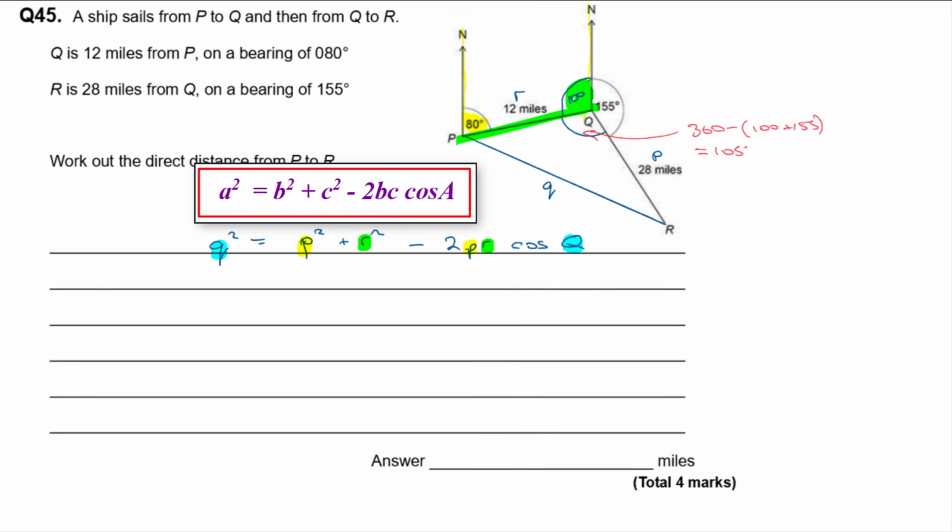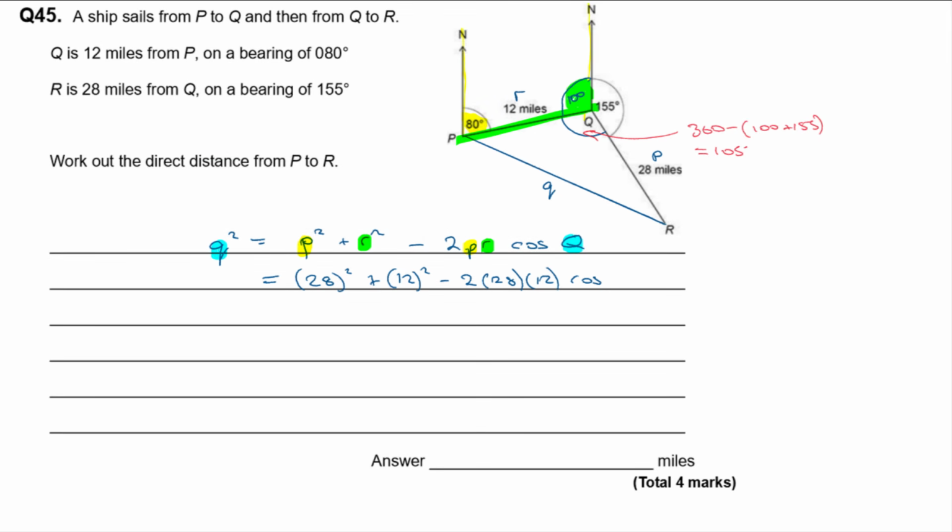We can then just sub into our corresponding version of the cosine rule. So P is 28, 28 squared, plus R, which is 12, 12 minus 2, lots of 28, lots of 12, cos, and then Q, we just worked out to be 105, didn't we?